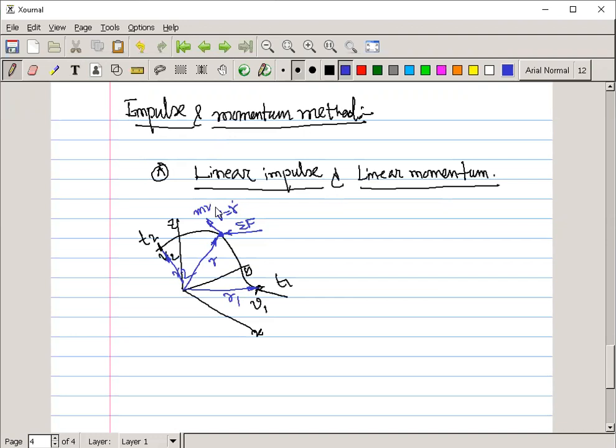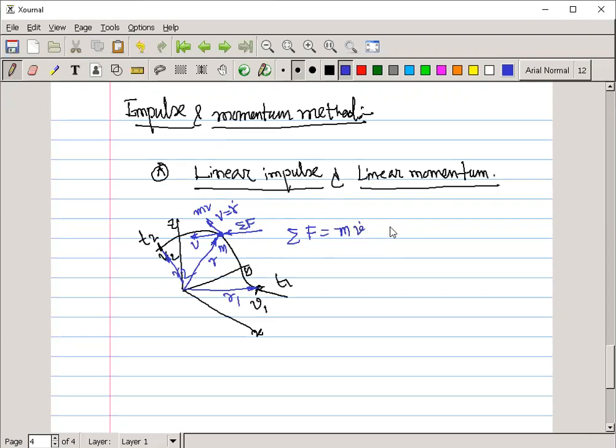The resultant of all forces which act on that particle of mass m is in the direction of its acceleration. Which direction is the acceleration? If velocity is this one, then acceleration is along this, the direction in which the force is applied, so that is v dot. So the basic equation of motion we can write: summation of all forces is equal to m into acceleration.